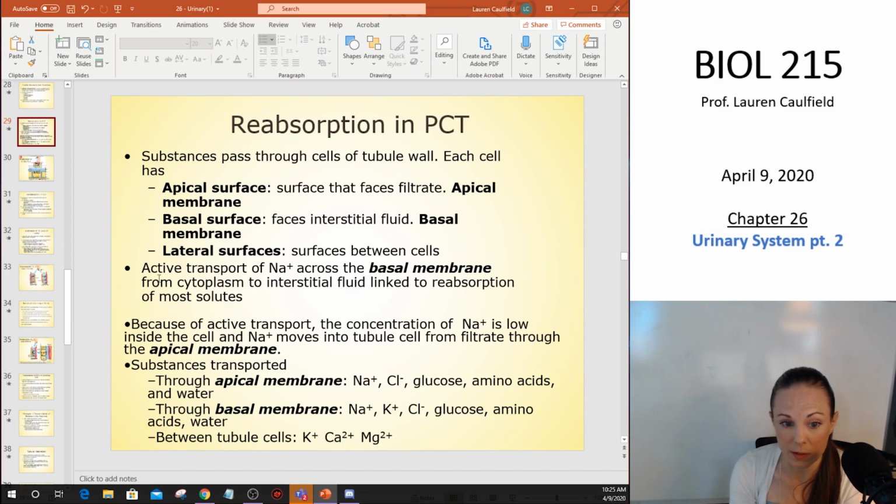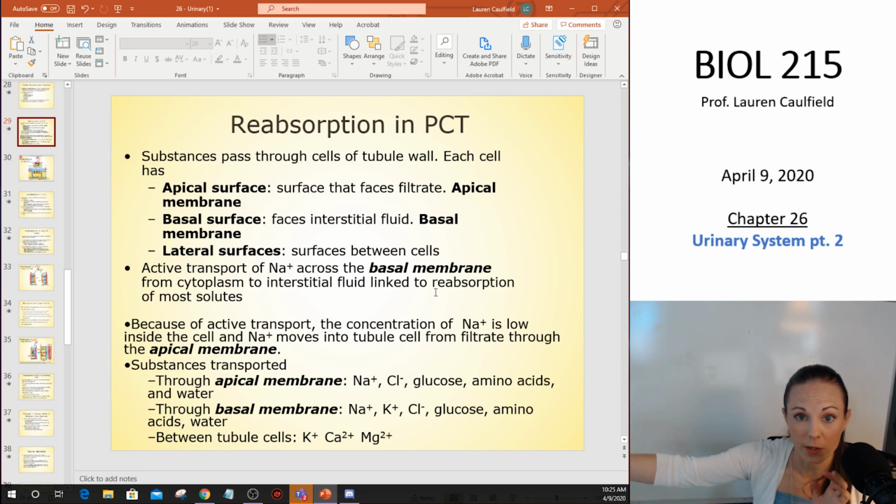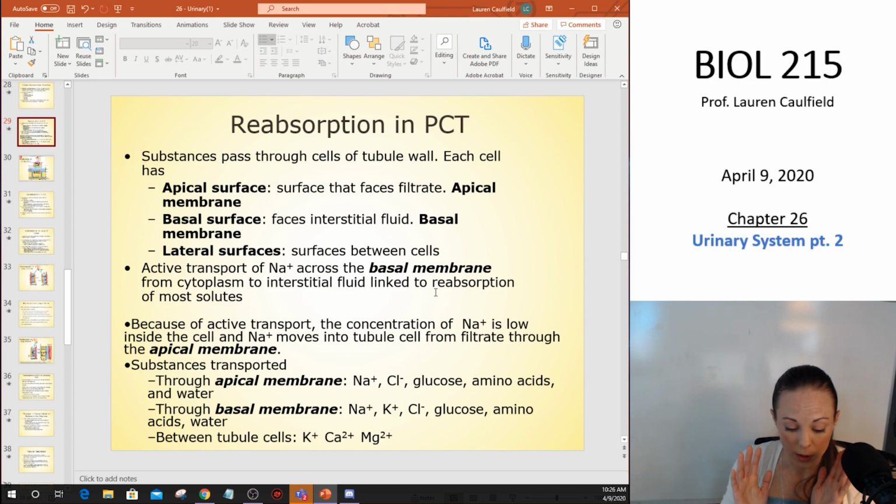So sodium is going to be actively transported across the basal membrane, okay, into the interstitial fluid. And remember what we talked about with moving things across a membrane? If you are moving a solute from one place to another, typically you are going to decrease the concentration as you're moving solutes out. So for example, in the proximal convoluted tubule, you have your solutes, all your ions plus water.